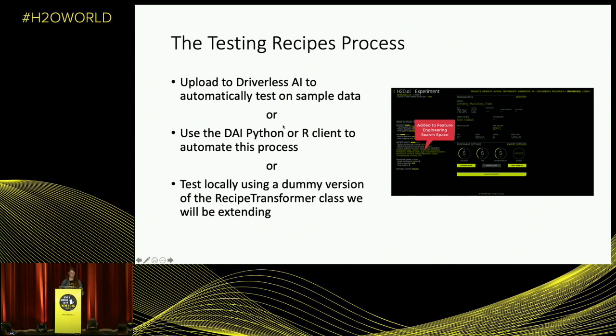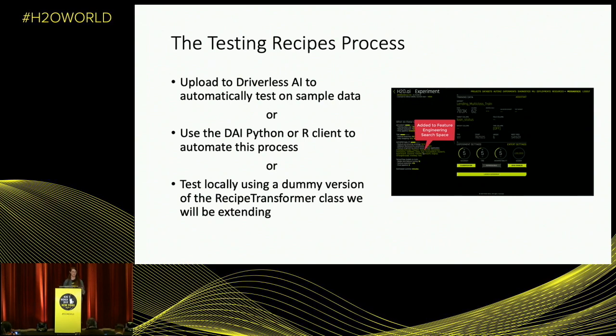The next way is to use the Driverless AI Python and R client to automate this process. We have some example scripts on GitHub of how to do this in Python. Basically it's a script where you specify the data set you want to use and the transformer location on your computer, and it will upload a data set, upload the transformer, turn everything off but that, and return any error messages.